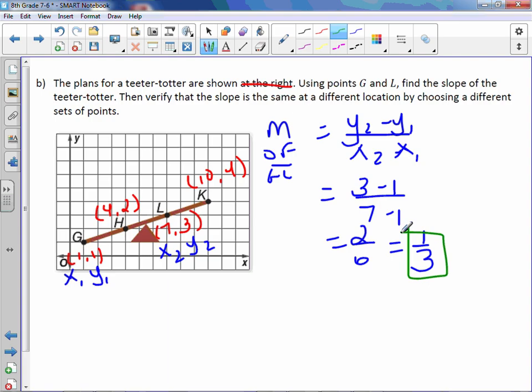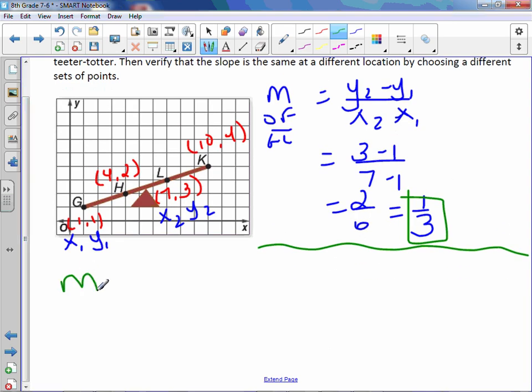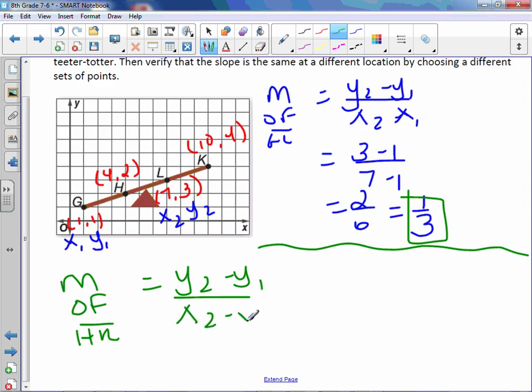So let's choose any 2 other points. We could do G to K, or H to L, or H to K. Doesn't matter. I'll use H to K. So this one's going to be the slope of HK, y2 minus y1 over x2 minus x1, x1, y1, x2, y2.